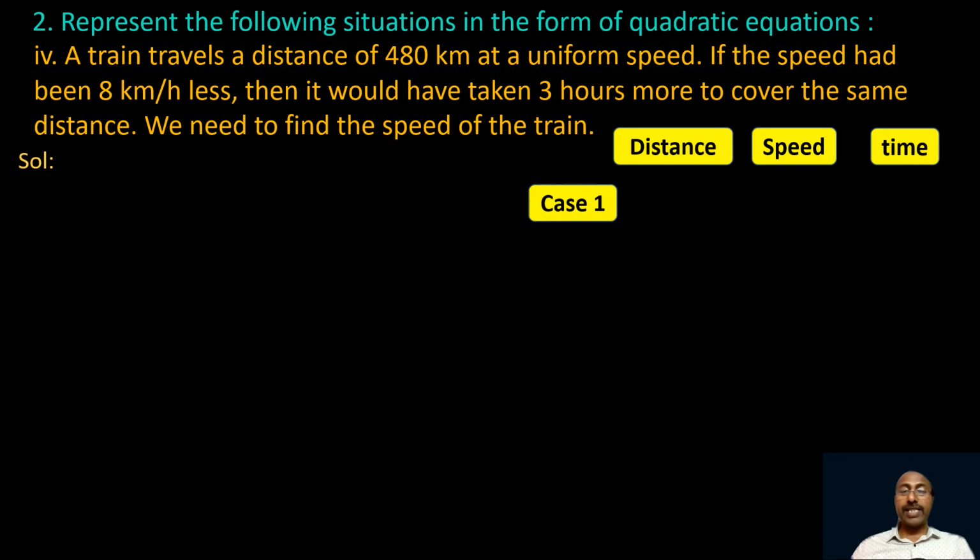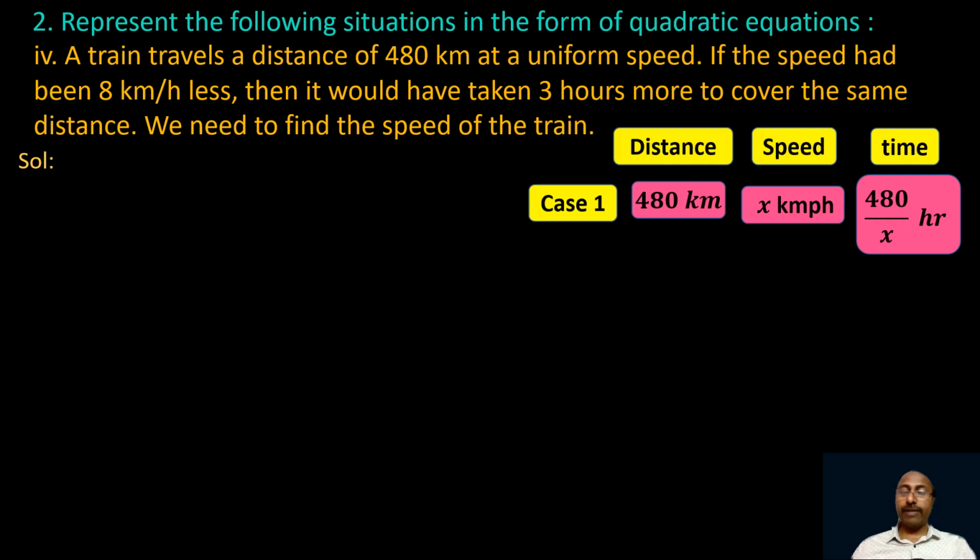In the first case, the distance traveled by the train is 480 kilometers, and we don't know the speed of the train. So let x kilometers per hour be the speed of the train. We know that time is equal to distance by speed. Then the time taken to travel 480 kilometers is 480 by x hours.